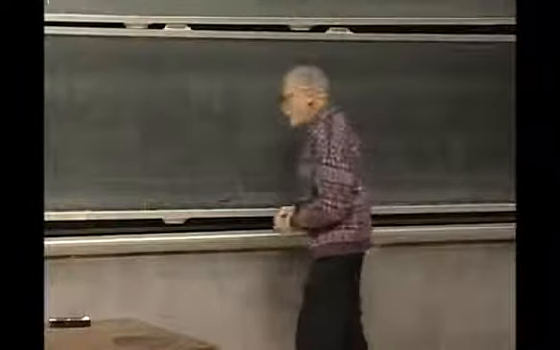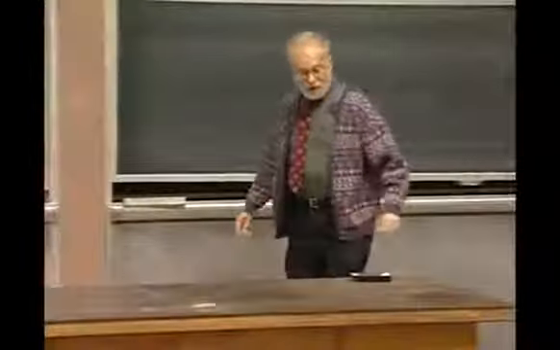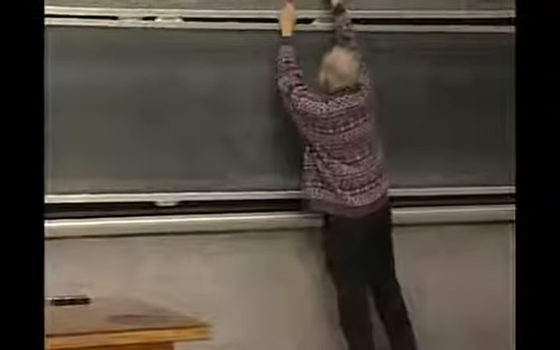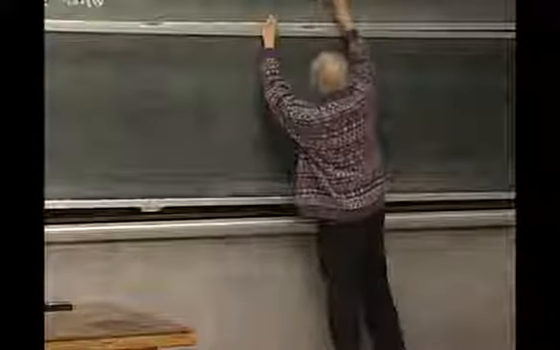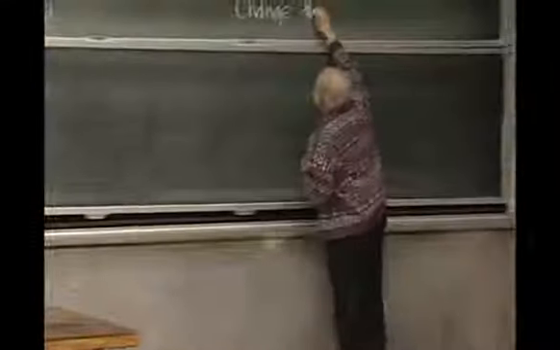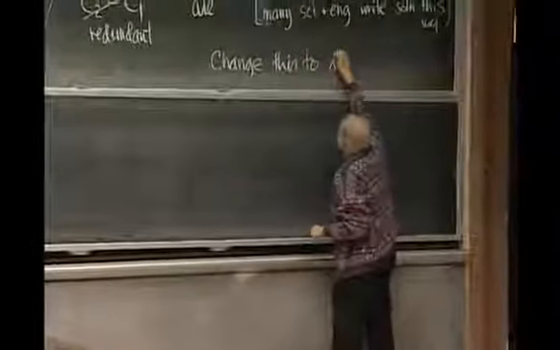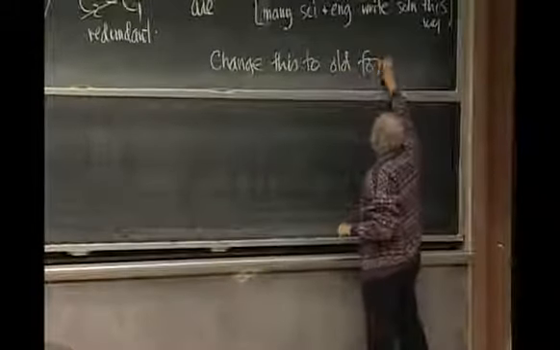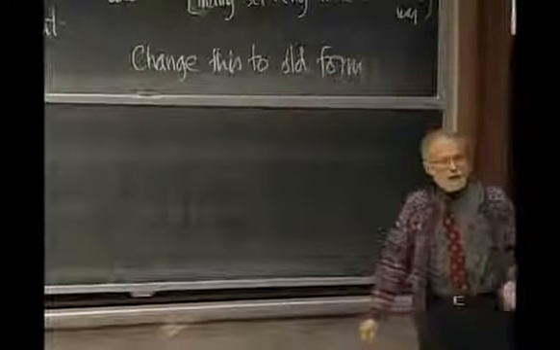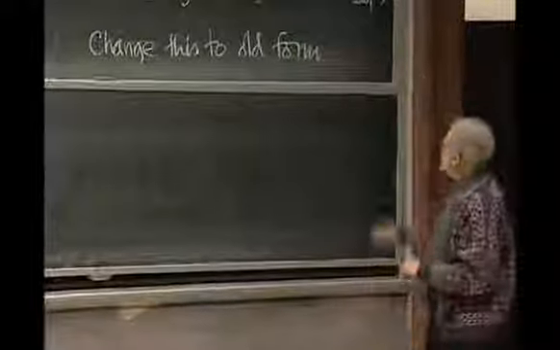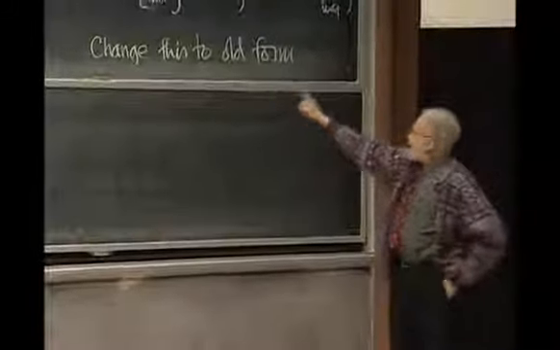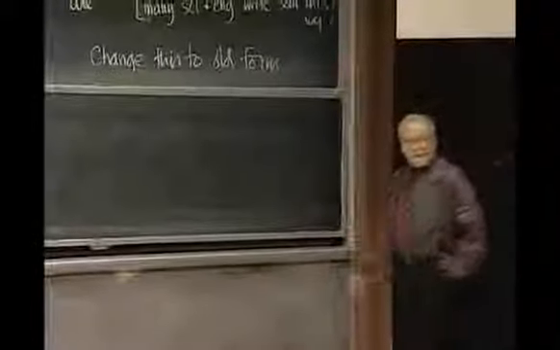So the problem now, by way of finishing this up, is to change this to the old form, the form involving sines and cosines. Now again, there are two ways of doing it. The hack way is you write it all out.